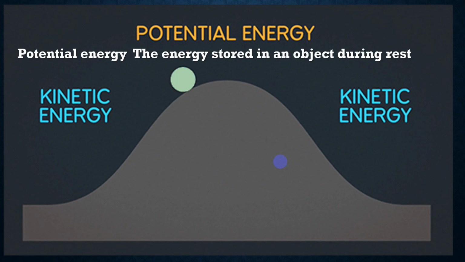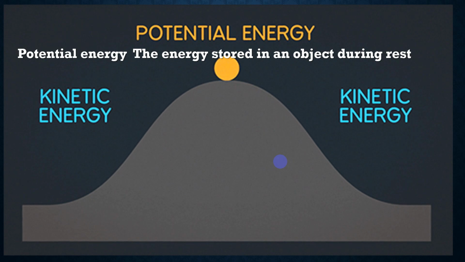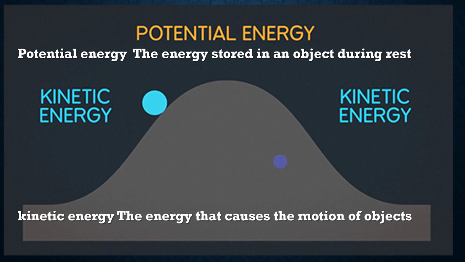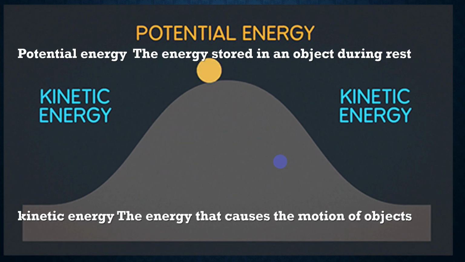So, I can define potential energy as the energy stored in an object during rest. And the kinetic energy is the energy that causes the motion of objects. So always kinetic is related to motion.